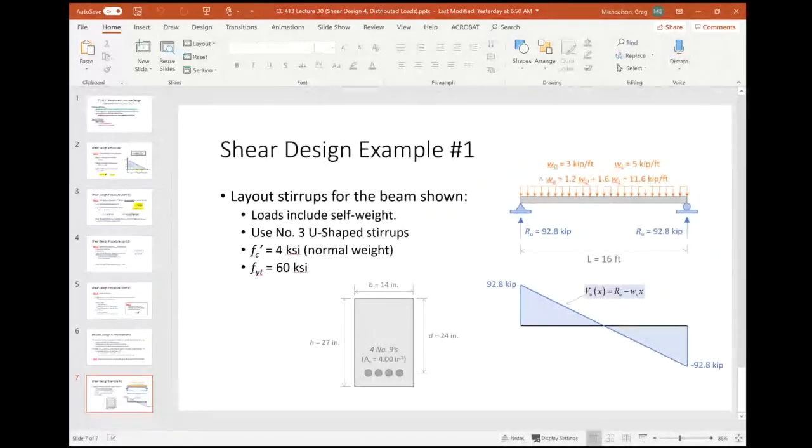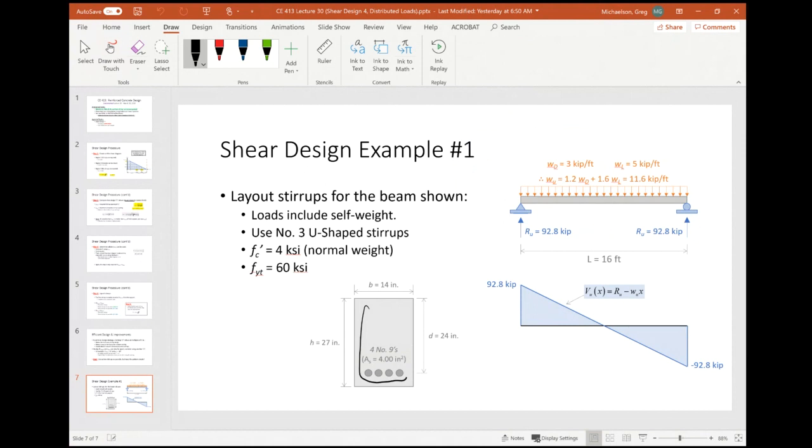Okay, so I have number 3 U-shaped stirrups. So what the stirrups look like is sort of like that. And whenever you're looking at your cracked region in shear, you're sort of asking yourself, if I crack the beam like that, how many bars do I go through?